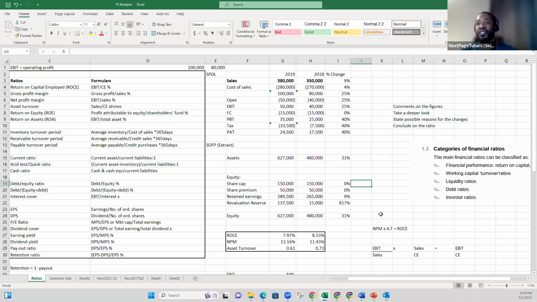So, ROCE again: how do you think I calculated my ROCE for 2019? You can mention the numbers, this divided by this, just to see if you still remember.